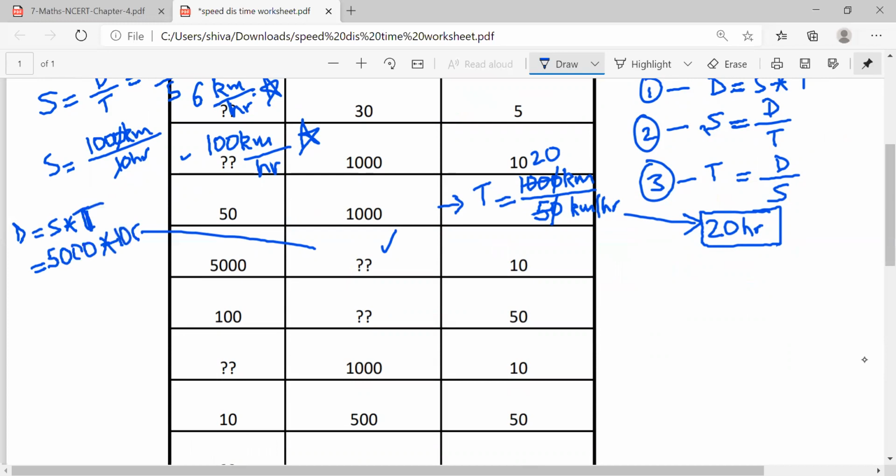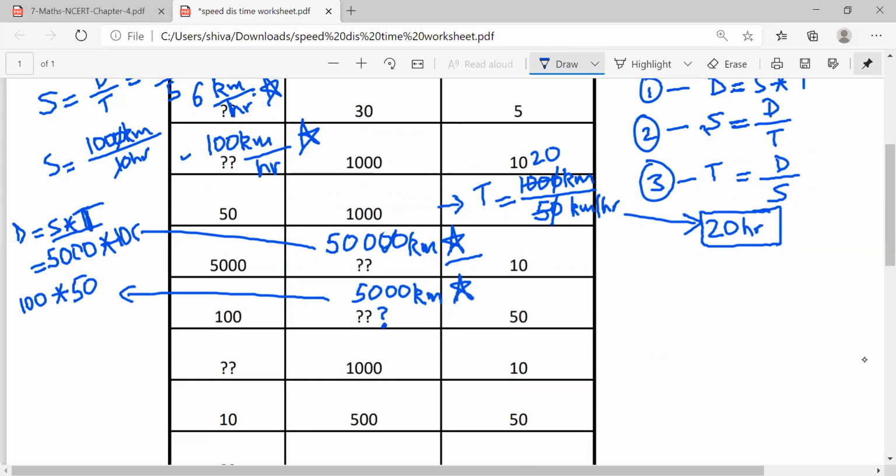So my distance would be 50,000 kilometers. Very nice, Mr. Sarthak. Okay, what would be the distance here? 5,000 kilometers. Again, distance is speed into time. So this would be 5,000 kilometers. Very nice.